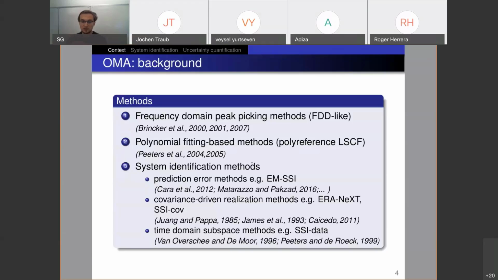The last group of methods are time domain subspace identification methods. Those methods use some geometric projections of our output data matrices in order to identify the eigenstructure of the vibrating system. And on those methods, in general, covariance-driven and time domain subspace methods, I'll be focusing on this webinar.